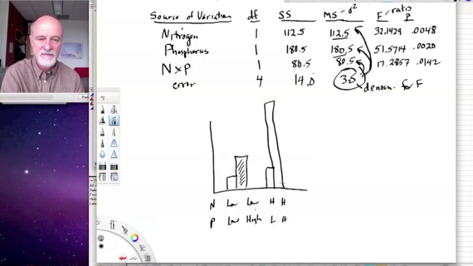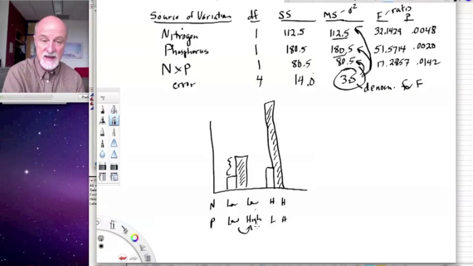I built in some non-additivity here. So what you can see is, this difference between the means is the effect of phosphorus at low nitrogen, but this difference here is the effect of high phosphorus at high nitrogen.